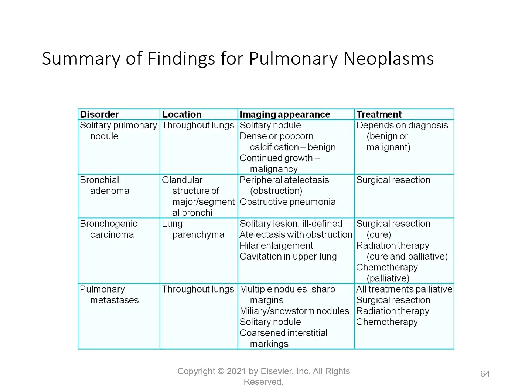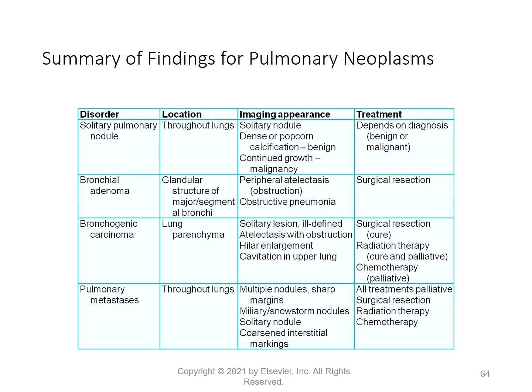We can also see hilar enlargement with these because it is a carcinoma. Lymph nodes are also often going to be enlarged, so it's not unusual to find that hilar enlargement because of the lymph nodes and maybe some edema. And ultimately, if it outgrows its blood supply, it can result in cavitation of the upper lung. For this, it's going to be treated with resection, possibly radiation therapy, and possibly chemotherapy.